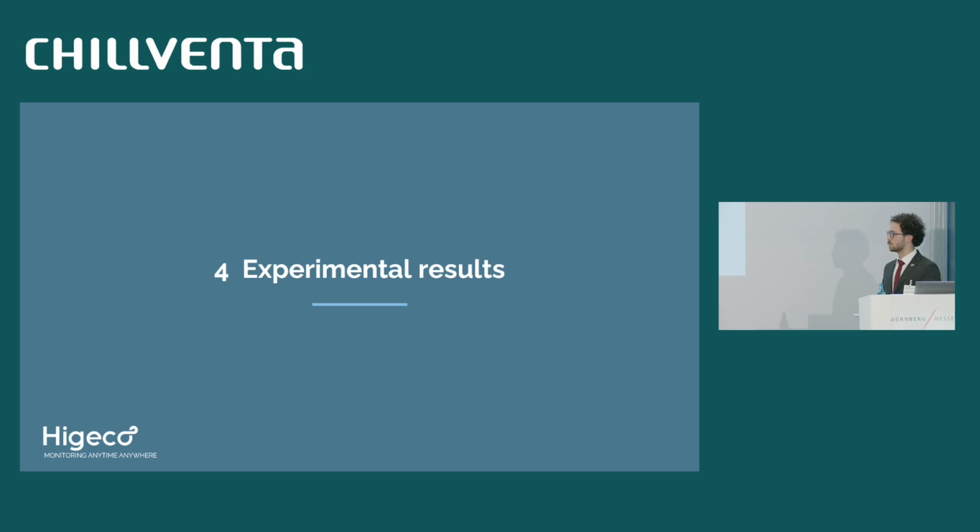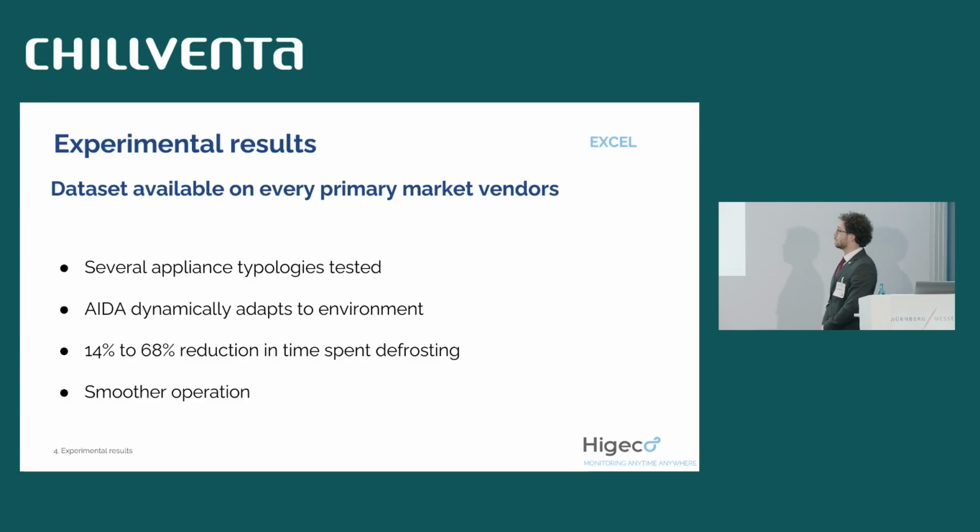And here maybe the most interesting part, the experimental results. We tested several different typologies of appliances, and we checked that AIDA is able to dynamically adapt to the different situations we put it in. We had some cases where less than 20% efficiency improvement was found, and other cases where more than 60% was found.